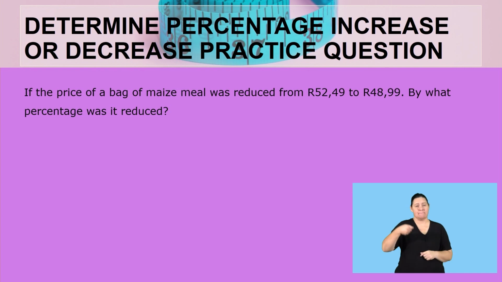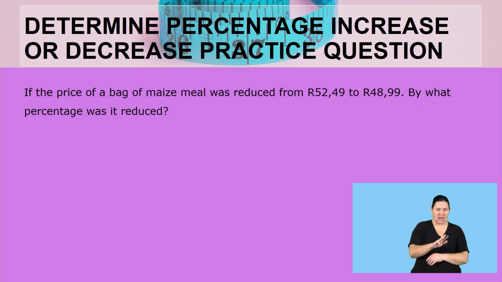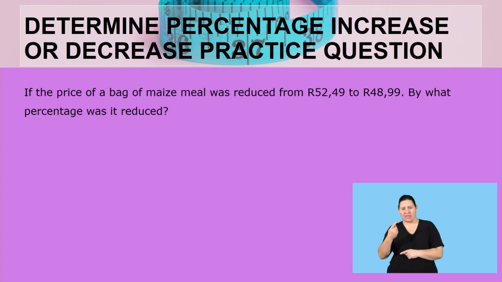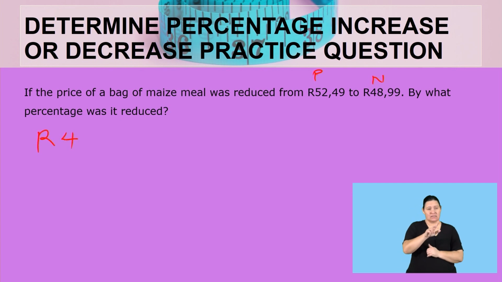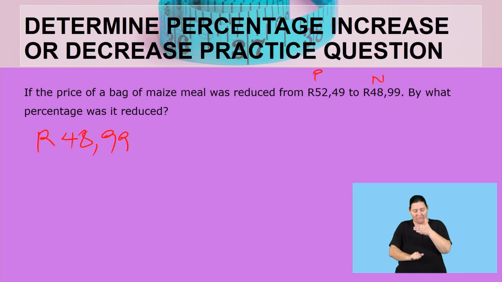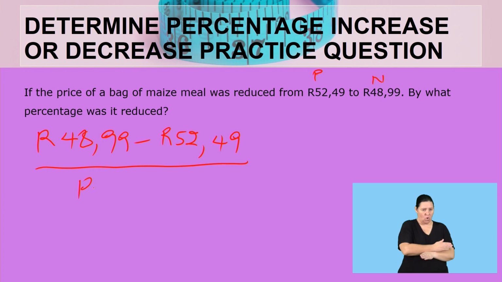Let us continue with the practice question. If the price of a bag of maize meal was reduced from 52 rand 49 to 48 rand 99, by what percentage was it reduced? Remember, this is the previous price, this is the new price. We take the new price, which is 48 rand 99. We subtract 52 rand 49, and we divide by the previous 52 rand 49.